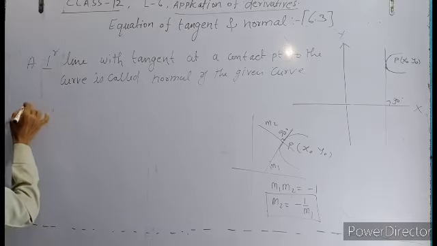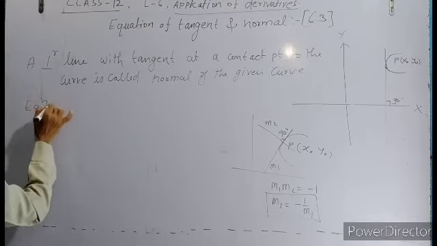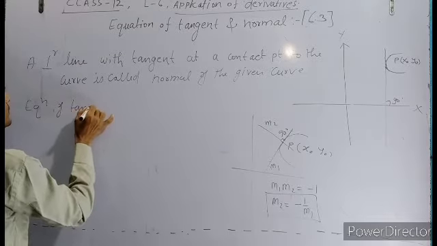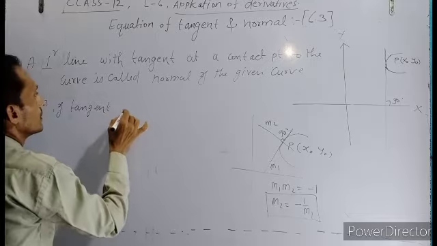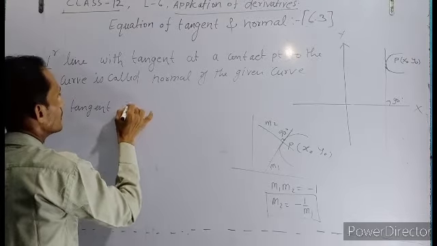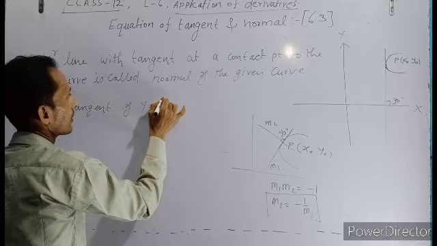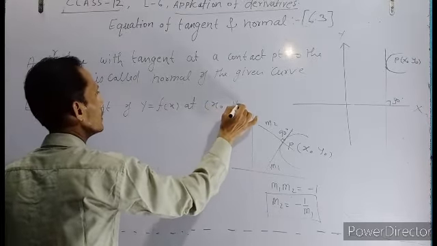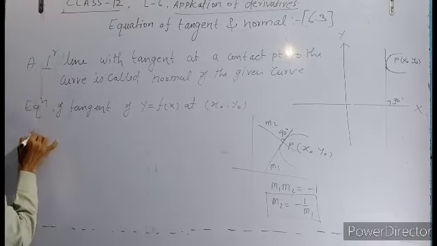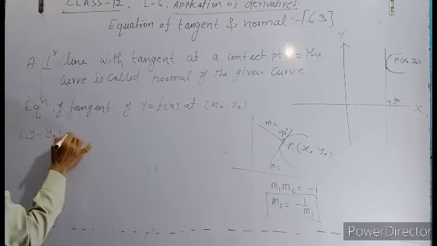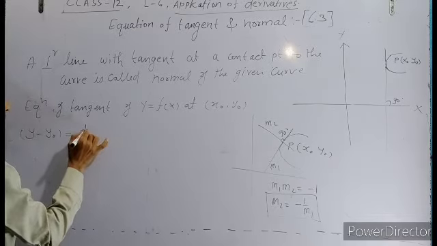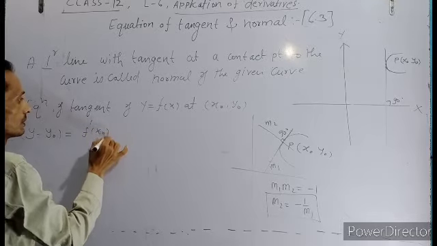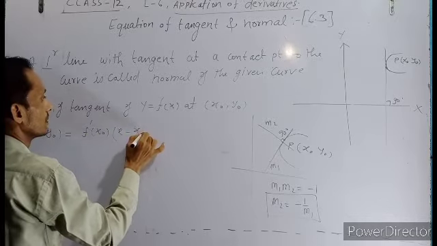Suppose I have just found the equation of tangent. The equation of tangent of the curve y = f(x) at (x0, y0) is given by y minus y0 equals dy by dx, or f dash x0, into (x minus x0).